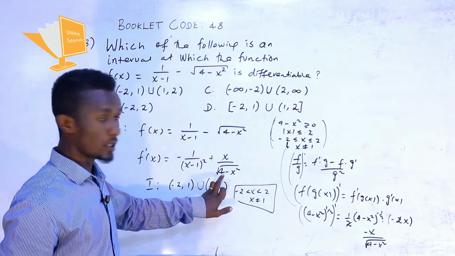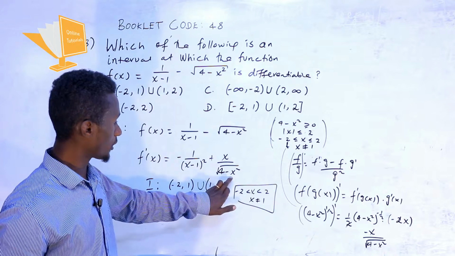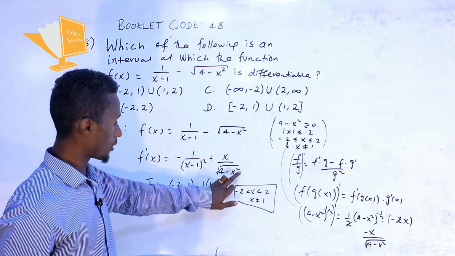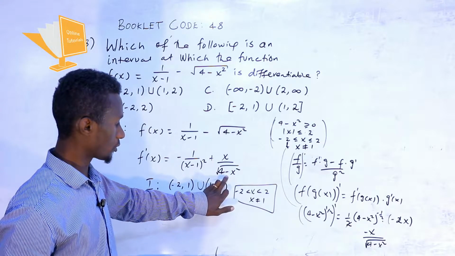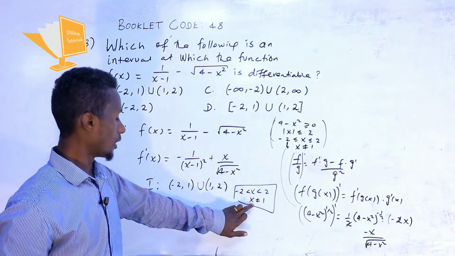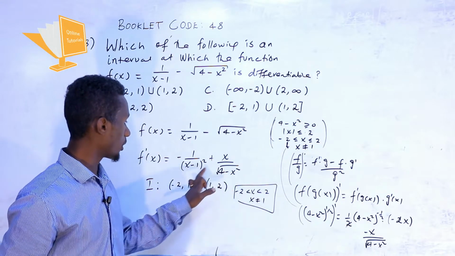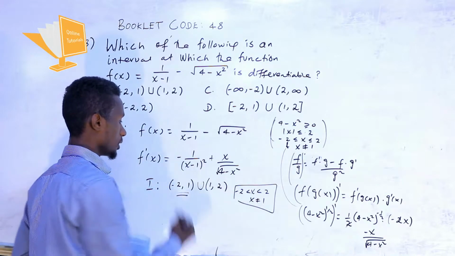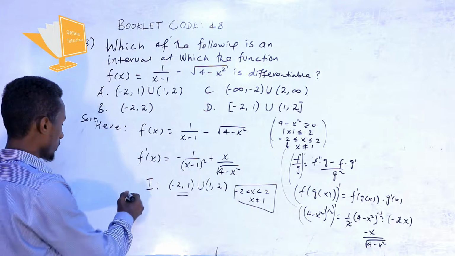When you substitute minus 2 here, this term becomes 0 ይሆናል, so undefined ይሆናል ማለት ነው በminus 2 ላይ እና በ2 ላይ. x in this one substitute ብናደርግ ደግሞ ይሄኛው undefined ይሆናል. ስለዚህ ከዚህ ውጪ ፋንክሽኑ differentiable ነው ማለት ነው.